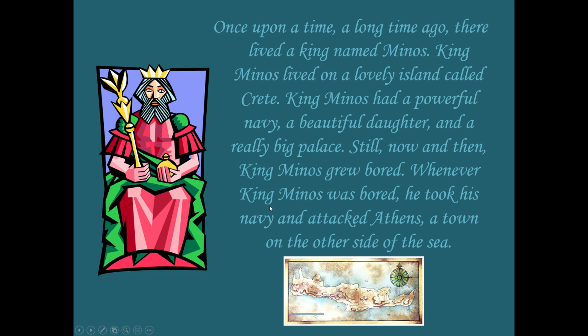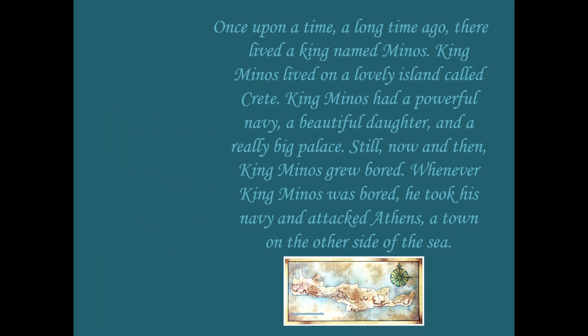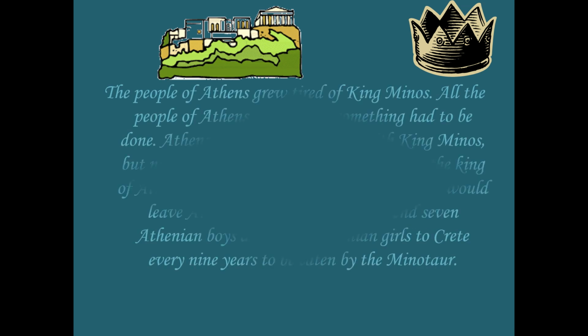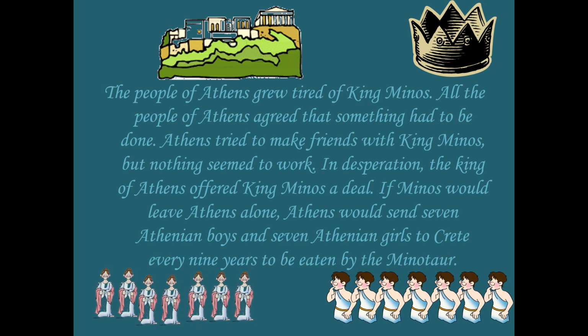Now and then, King Minos found that he was bored, and therefore he would send his navy to attack Athens in order to make himself happy. Certainly, the Athenians were tired of the invasions launched by King Minos.